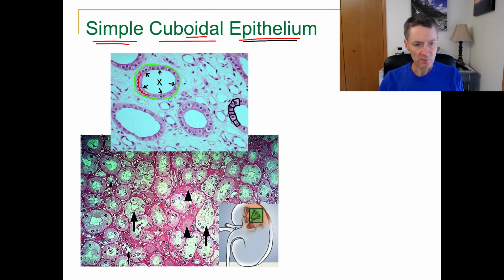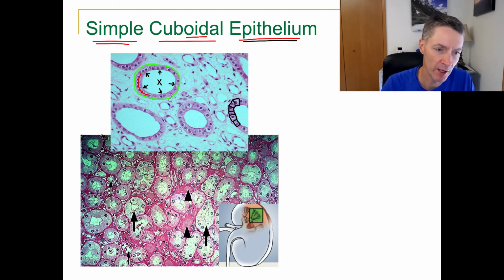Now, we see them again down here. It's just a little harder to see, right? These images are not always picture perfect like your books like to show you. But let's pick a good one. Here's a good one. So I'm kind of outlining it in blue. There's a cell, there's a cell, there's a cell, right? And they go all the way around in this ring.